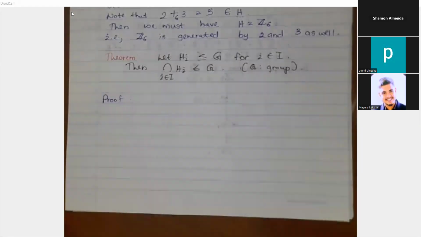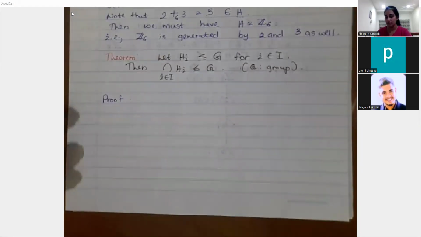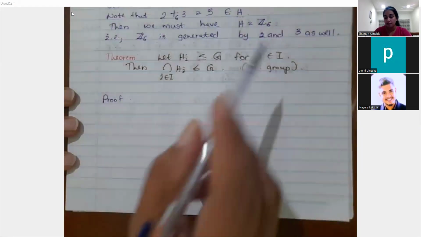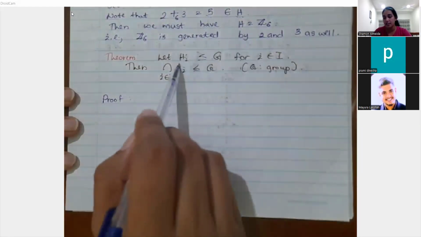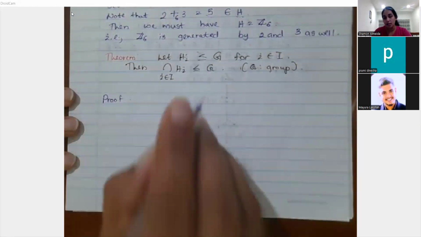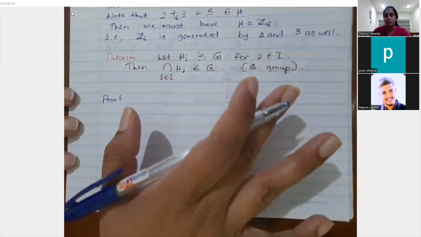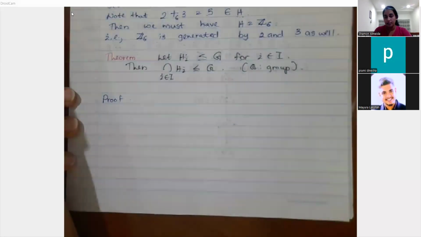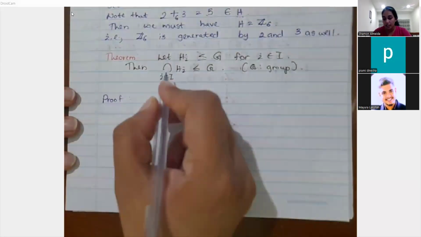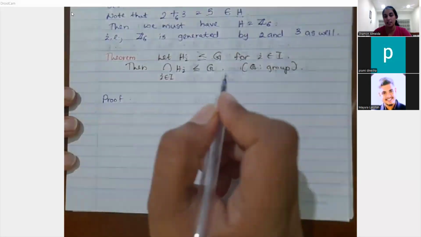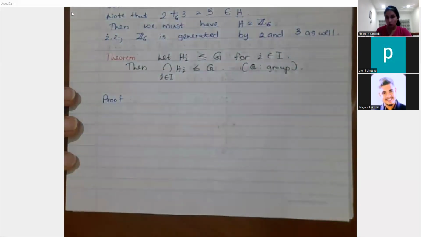Because Hi is a subgroup of G. Yes, Hi is a subgroup of G and therefore, the identity is an element in Hi. Yes, very good. For each i, Hi is a subgroup, so the identity is in there. Identity is in each Hi. Therefore, it must belong in the intersection because the intersection contains all common elements.